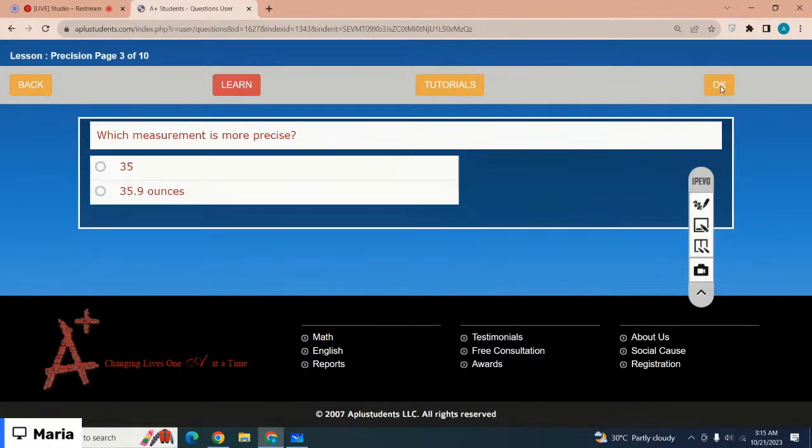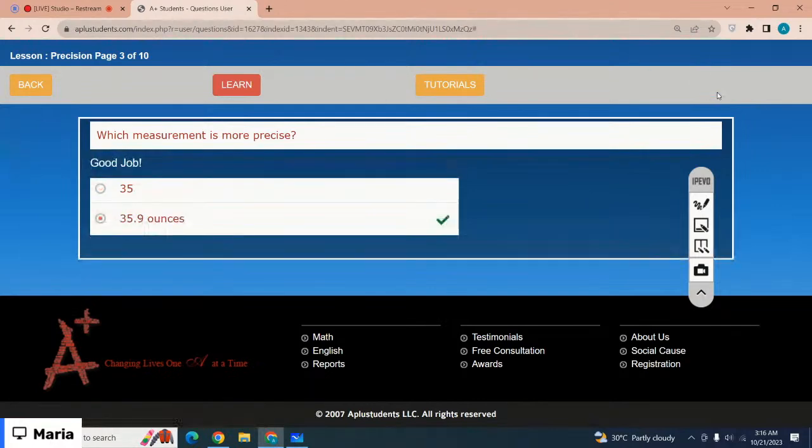Okay, which measurement is more precise, 35 or 35.9 ounces? Yes, the correct option is 35.9 ounces. That is the one that is more precise.